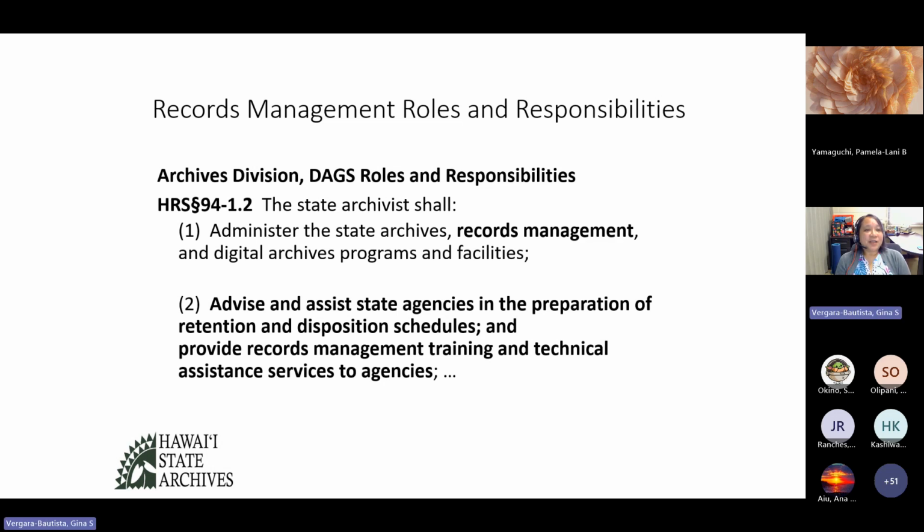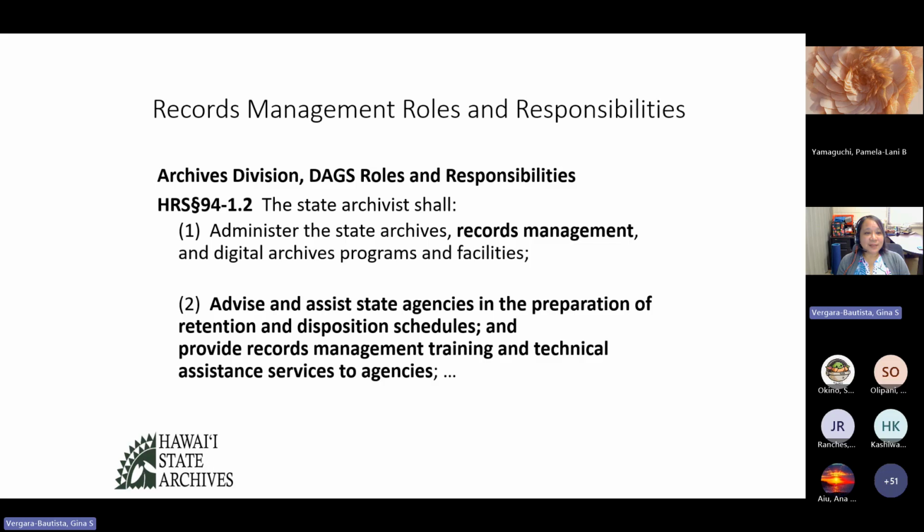With regards to the Archives Division, HRS 94-1.2 shows our responsibility. The State Archivist administers the state archives where permanent records are stored, the Records Management Program, which I'm at, and the Digital Archives programs and facilities.